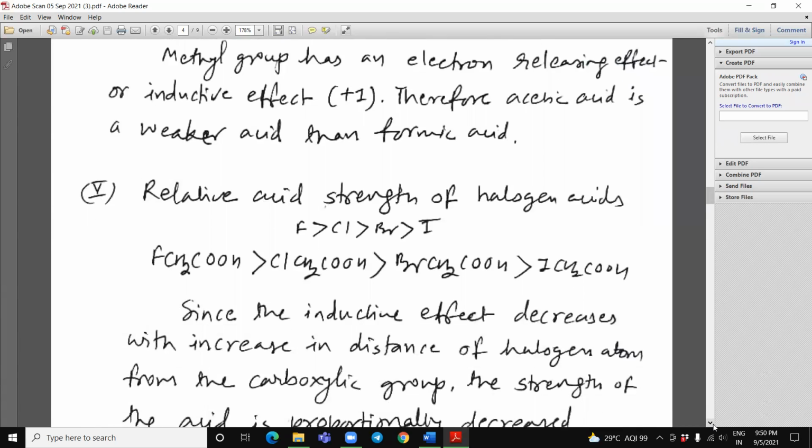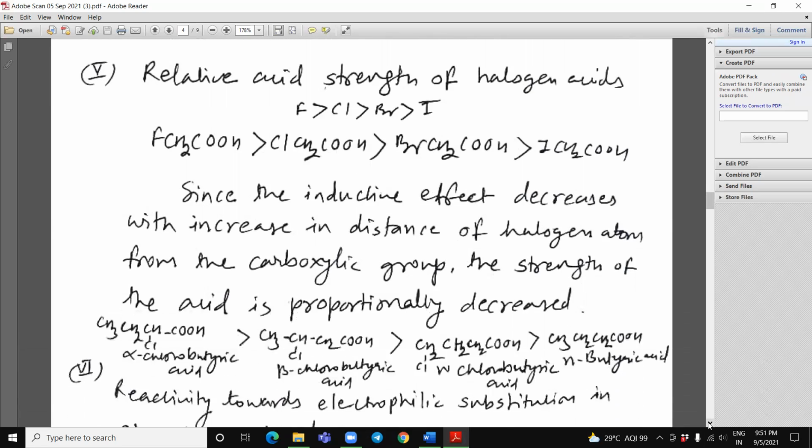Relative acid strength of halogen acids. See here, it is fluorine, chlorine, bromine, iodine. Since the inductive effect is decreasing with increase in the distance of the halogen atom from the carboxylic group, the strength of the acid is proportionally decreased.